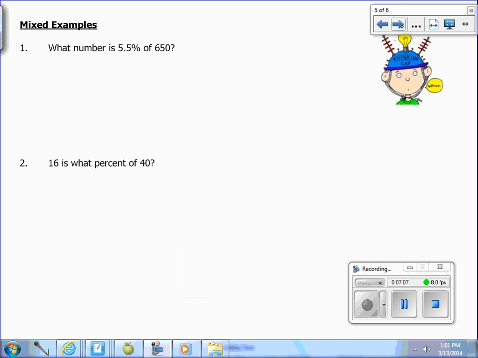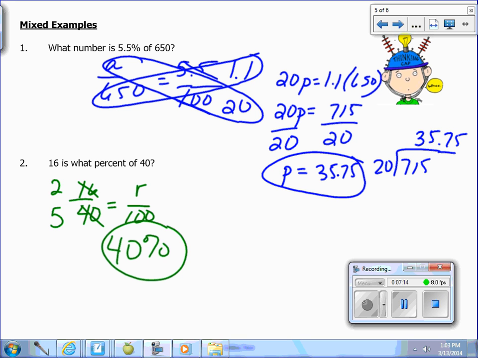All right, we're going to have some mixed examples. I'll pause and write all of these down and come back and check them. Okay, in our next example, what number is 5.5% of 650? I'm trying to figure out what number. So I have A over 650 is equal to 5.5 over 100. I simplified 5.5 over 100 to 1.1 over 20.